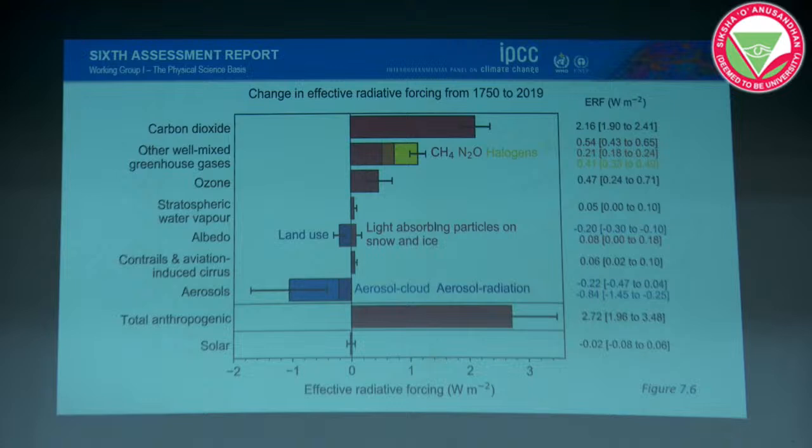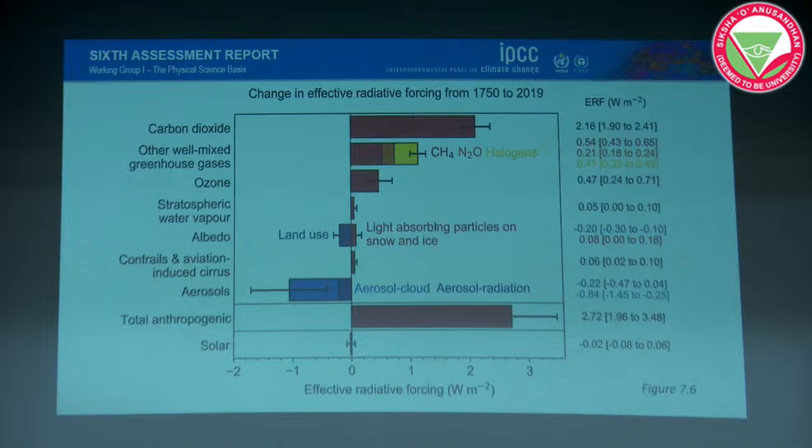Aerosols are emitted due to transport and industrial emissions. So aerosols kind of compensate, but the aerosol lifetime is very, very short. We have to keep that in mind. Greenhouse gases have a longer lifetime.